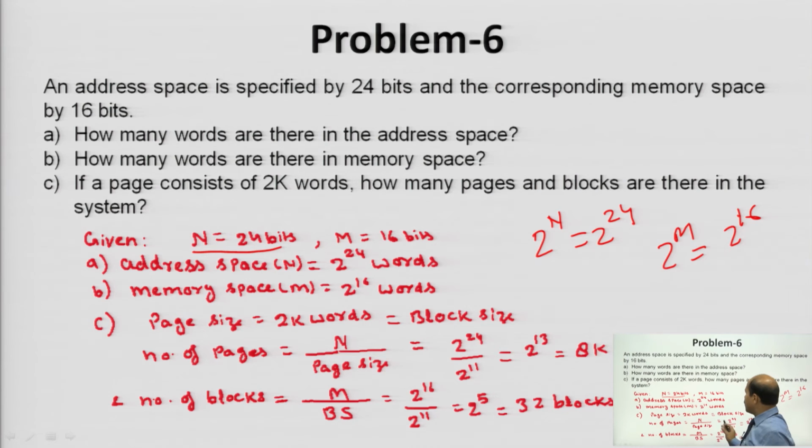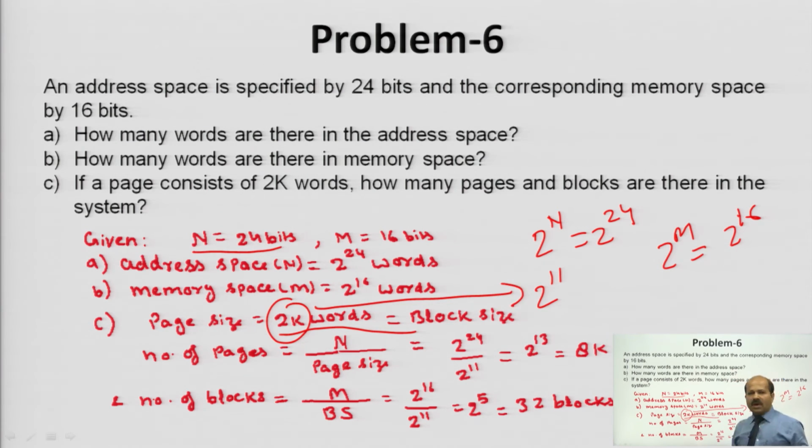The virtual memory is converted into a number of pages and main memory is converted into a number of blocks. Page size is given as 2k, and this will equal the block size. So 2k is 2 to the power 11, so 11 bits are required for paging, and for block also.